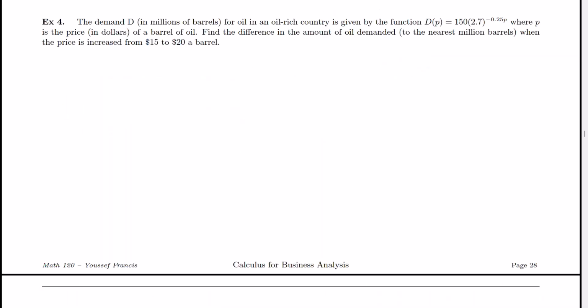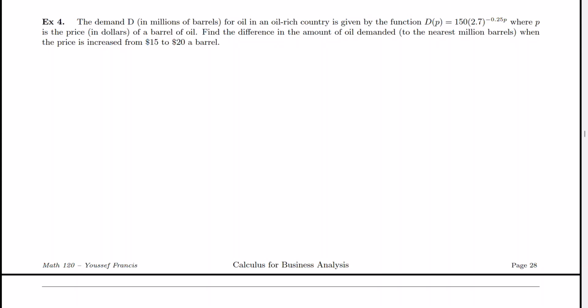Okay, so now let's look at another problem where we have an exponential function. In example 4, we're told that the demand D in millions of barrels for oil in an oil-rich country is given by the function capital D of little p equal to 150 times the base 2.7 to the power of negative 0.25 p, where p is the price in dollars of a barrel of oil.